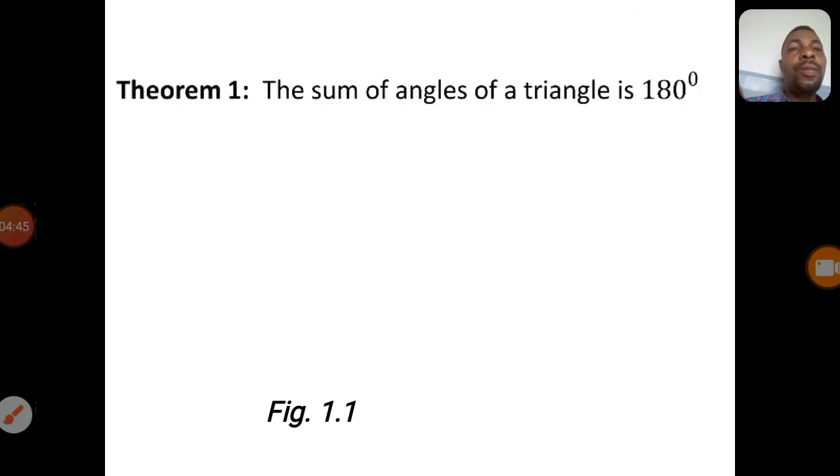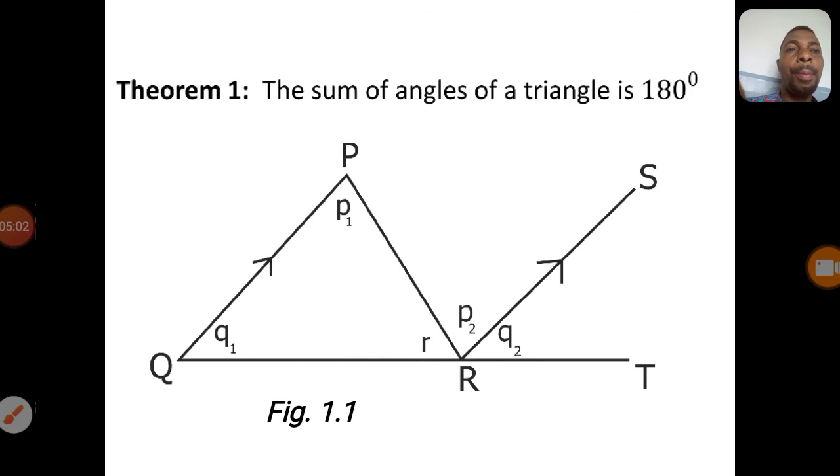Then theorem number 1 that we are going to prove today says that the sum of angles of a triangle is 180 degrees. We are going to prove that the sum of angles of a triangle is 180 degrees. This is the figure that will help us to carry out the proof.